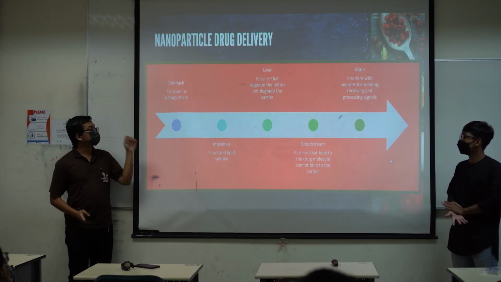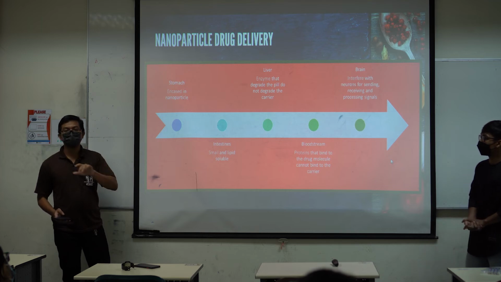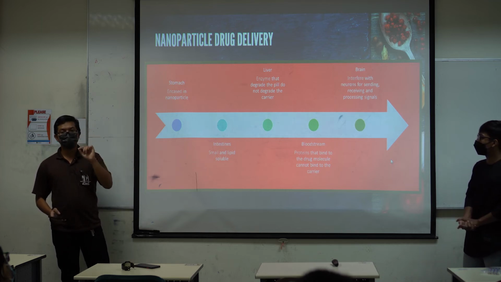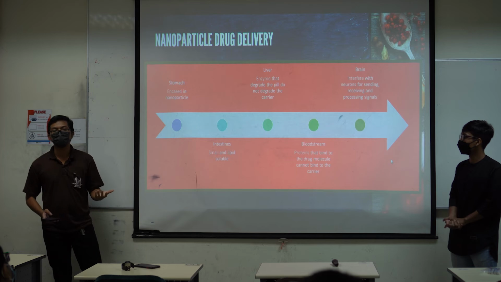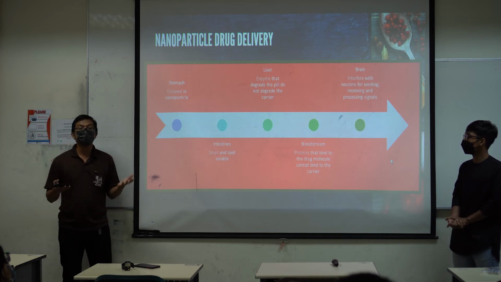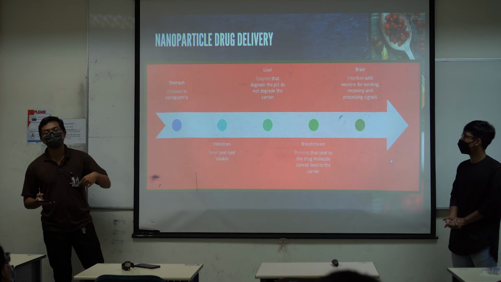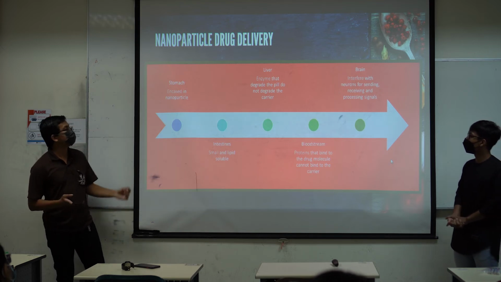After that, it goes to the intestines, and the nanoparticle liposome is very small and lipid soluble, so it increases the intestinal permeability, which means it increases the ability to pass through the intestine wall, and that's how they can pass through the intestine wall very easily.